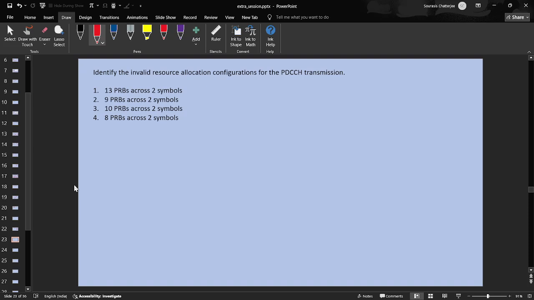So we have seen for PDCCH transmission in the downlink, the CORESET has certain size, and they can be transmitted at different aggregation levels, and that means there are only a discrete number of bits that can be transmitted. And what are those numbers? Can you just remind, what is the minimum number?